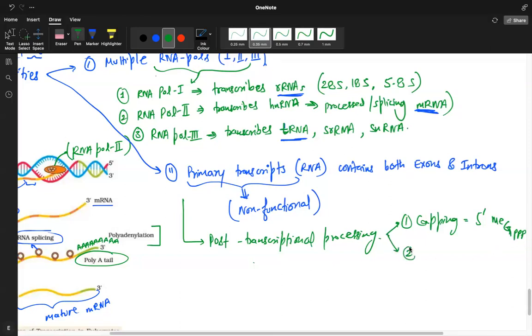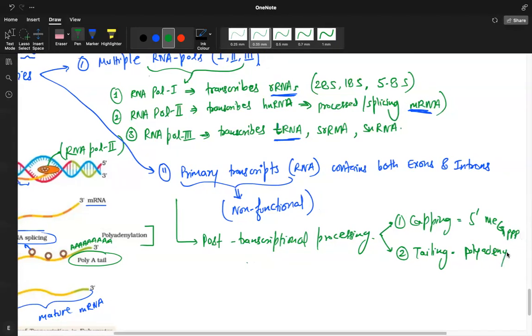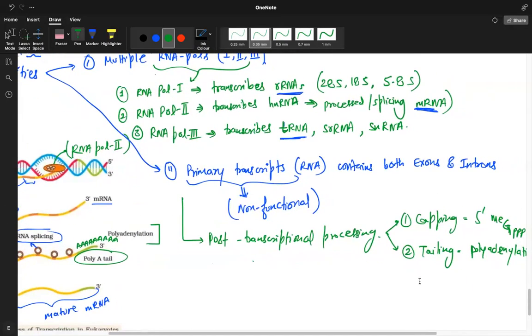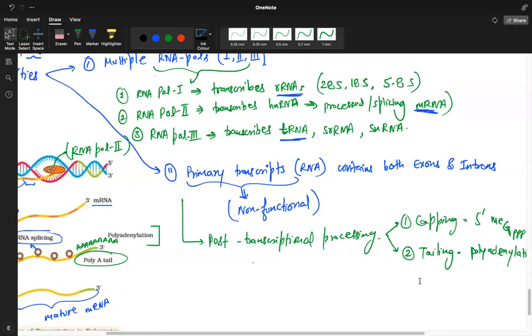The second thing that happens is tailing. Put a protective tail, and this is simply polyadenylation. Put a long chain of AAAA, somewhere around 200 to 300 molecules, at the tail to protect it.